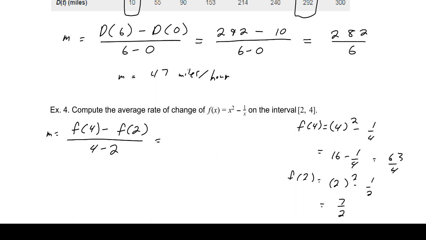So this is 63 over 4 minus 7 over 2 divided by 2. 63 fourths minus 7 over 2 is 49 fourths, divided by 2, which is 49 eighths. All right, 49 eighths. And that is our average rate of change.